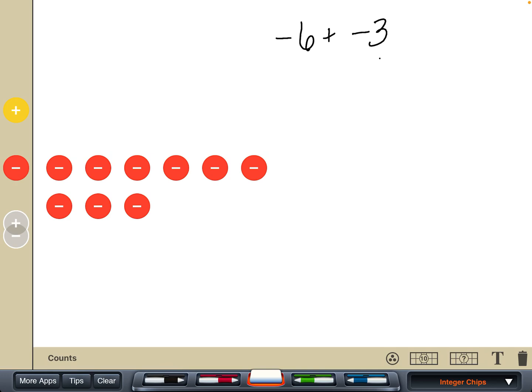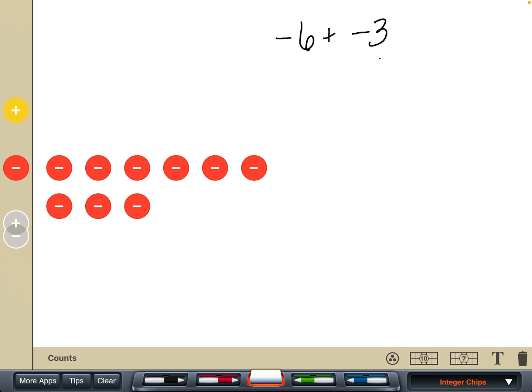All right, we put 3 more negatives. So can we get some zeros here? Can we get some 0 pairs? Oh, it's not letting me like it did before. Remember, it had that little thing on there? Why do you think it's not letting me make those 0 pairs?